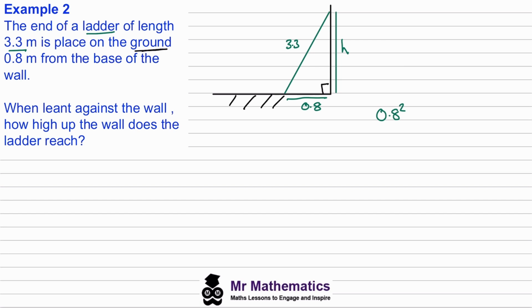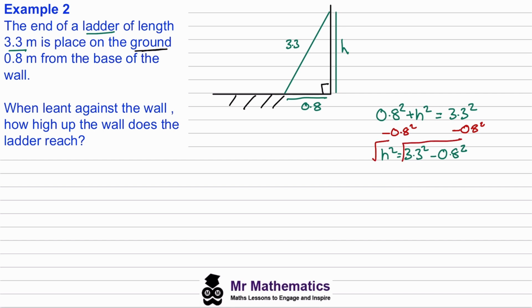This will have an area of h squared, and these will have a sum of the area on the ladder. So this will be 3.3 squared. So to work out h squared, we can take away the 0.8 squared from both sides. So h squared will be 3.3 squared minus the 0.8 squared. And then to work out h, we can take the square root of both sides.